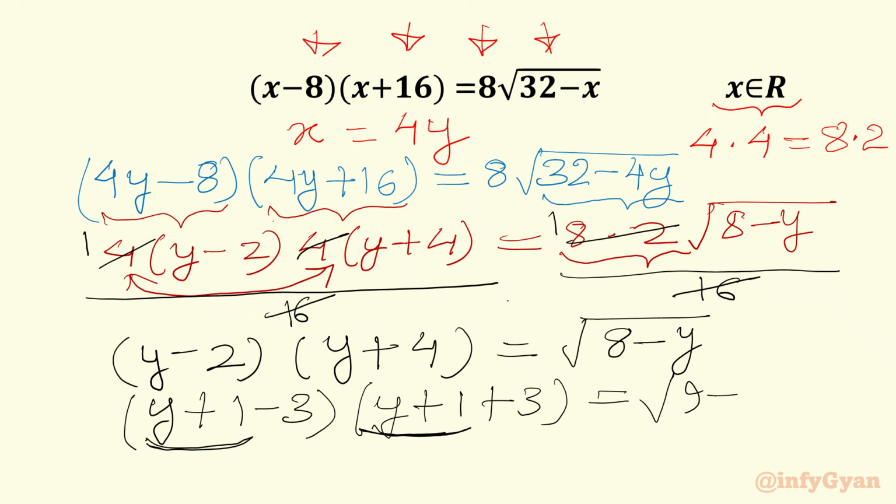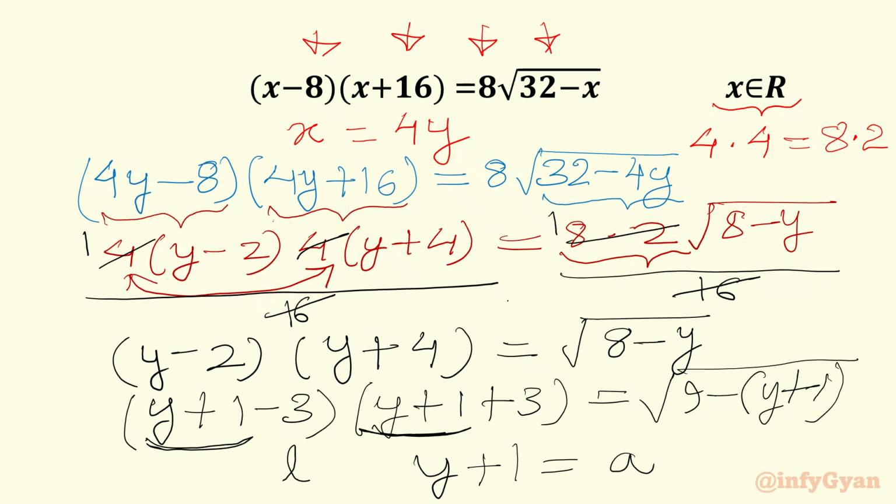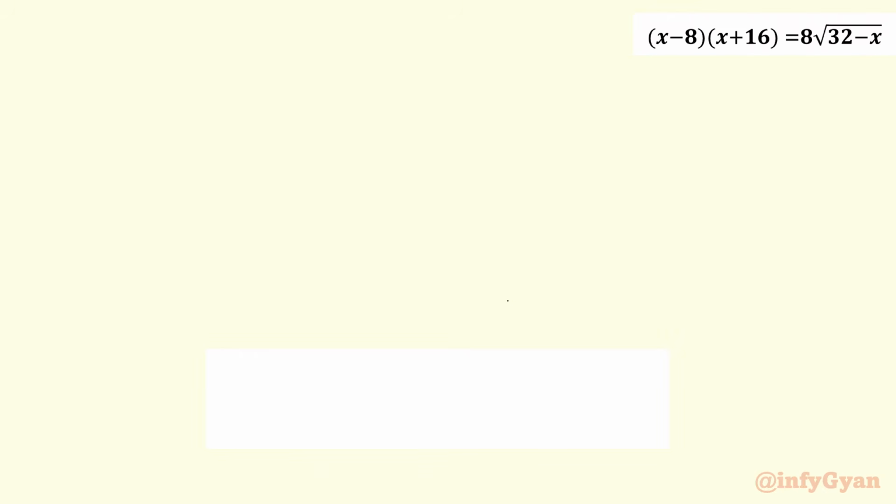So we can write 9 minus y plus 1. So we will use substitution y plus 1 equal to a. Now our equation will become a minus 3 times a plus 3 equal to square root 9 minus a.